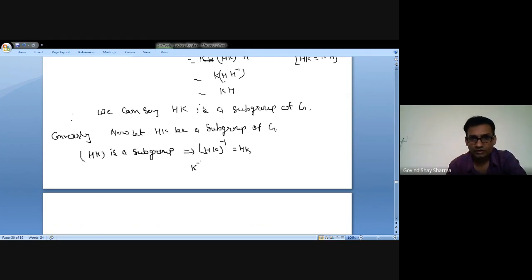Then K inverse H inverse is equal to HK.